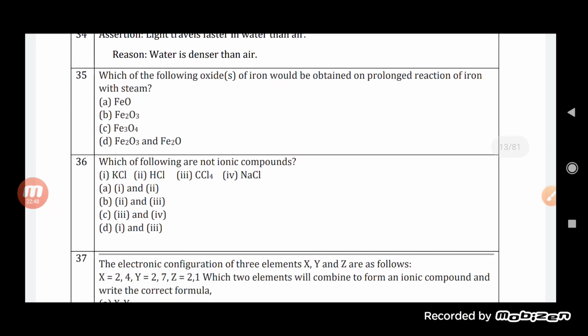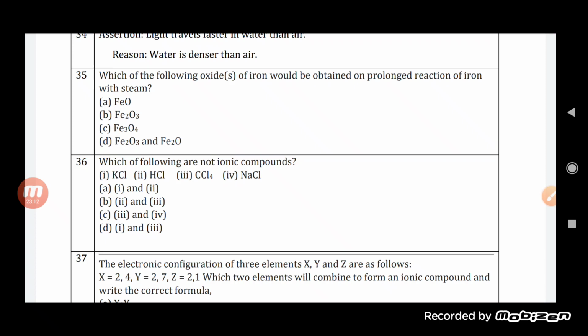Now let us see question number 35. Which of the following oxides of iron would be obtained on prolonged reaction of iron with steam? You know that iron does not easily react with water to form the respective hydroxide.